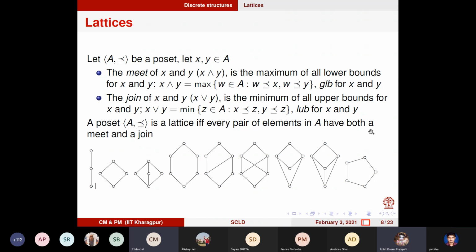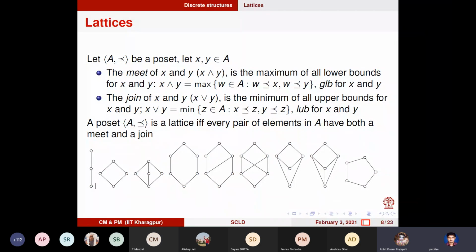There is a rule, but I'm not entirely sure I am correct. You take any two points and try to find a path between them. If the path monotonically goes up or monotonically goes down, then it's a lattice. You can check whether it works on the sixth diagram.